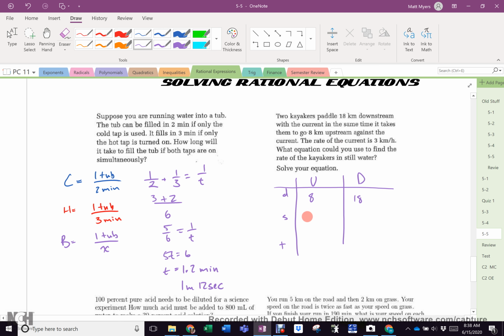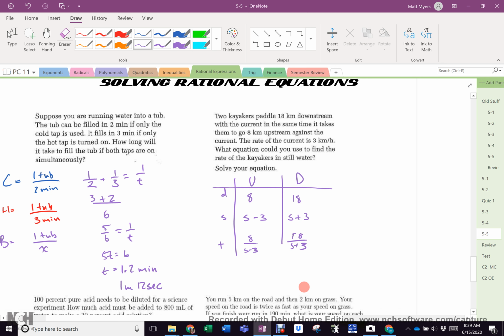How fast did they paddle? We don't know, but when they were going upstream, they lost 3 kilometers an hour. When they were paddling downstream, they gained 3 kilometers an hour. So the time is 8 over s minus 3, 18 over s plus 3. And then we just solve it.